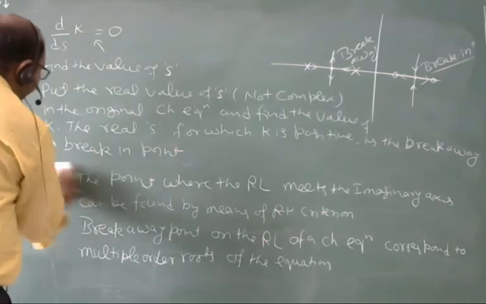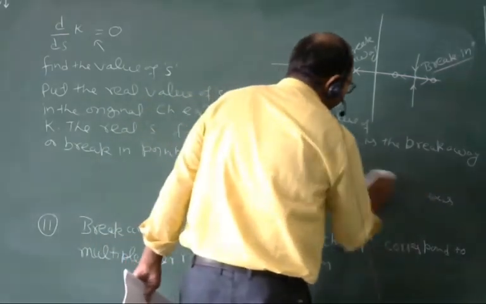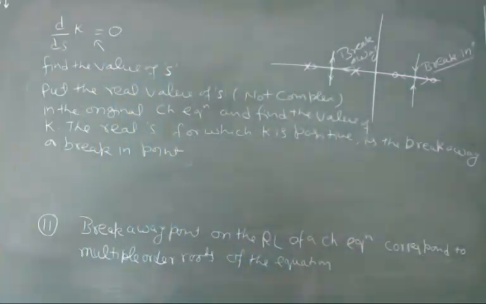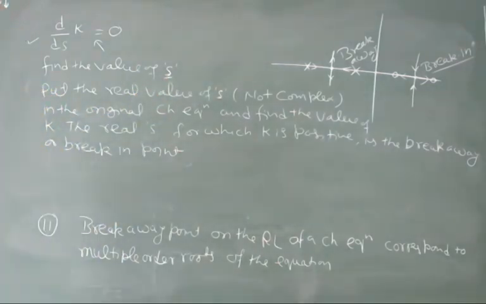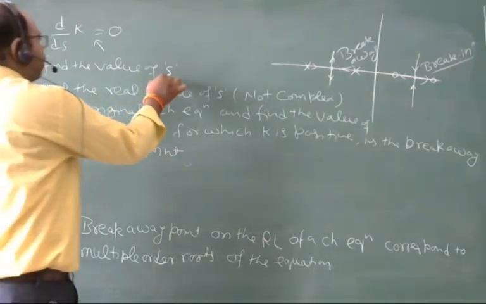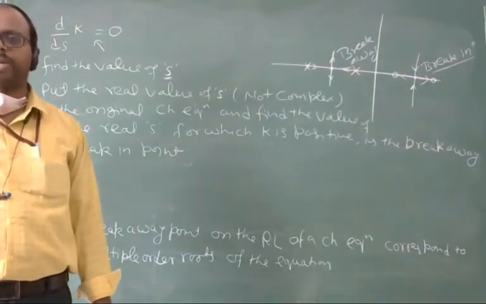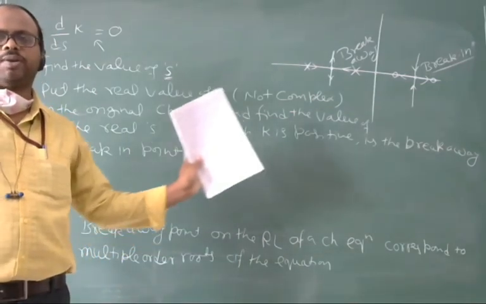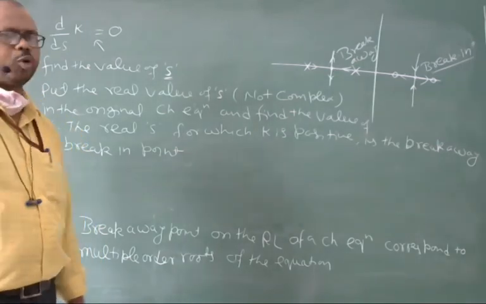So how can I calculate the breakaway or break-in point? This is the method. First, we calculate dK/ds equal to 0. From here, we find the values of s. From all the values of s, pick only the real values, not complex values. If all the values of s are complex, it means there is no breakaway or break-in point.